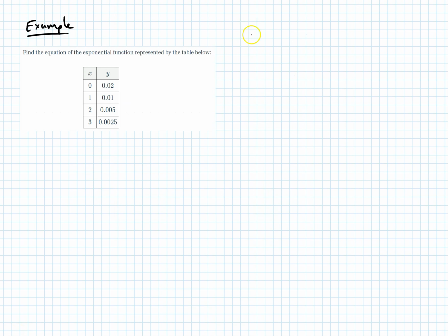Alright, let's do another example. This time, let's write the exponential function equation given in the table below. This one's a little harder, but it starts the same. Let's find the y-intercept. The y-intercept is when x is 0. And when x is 0, y is 0.02. So that's our a value.